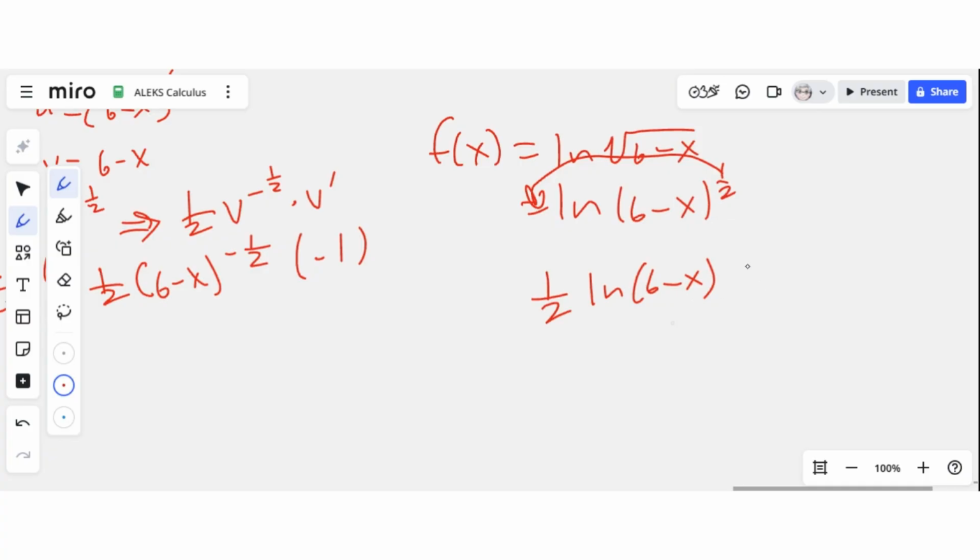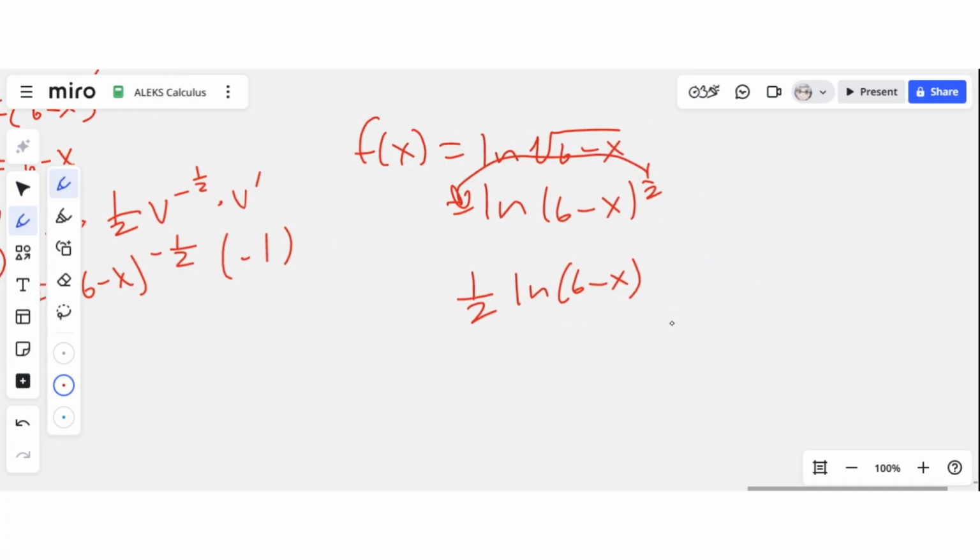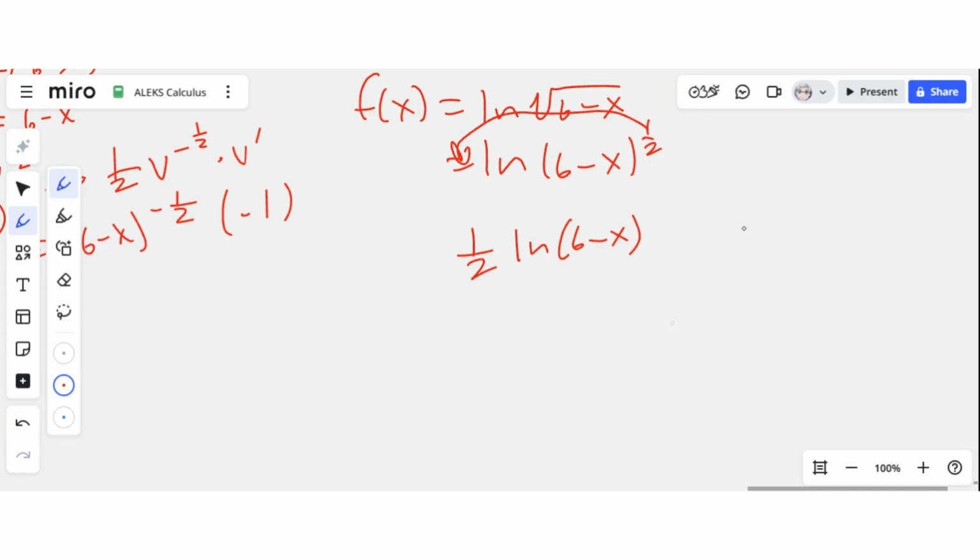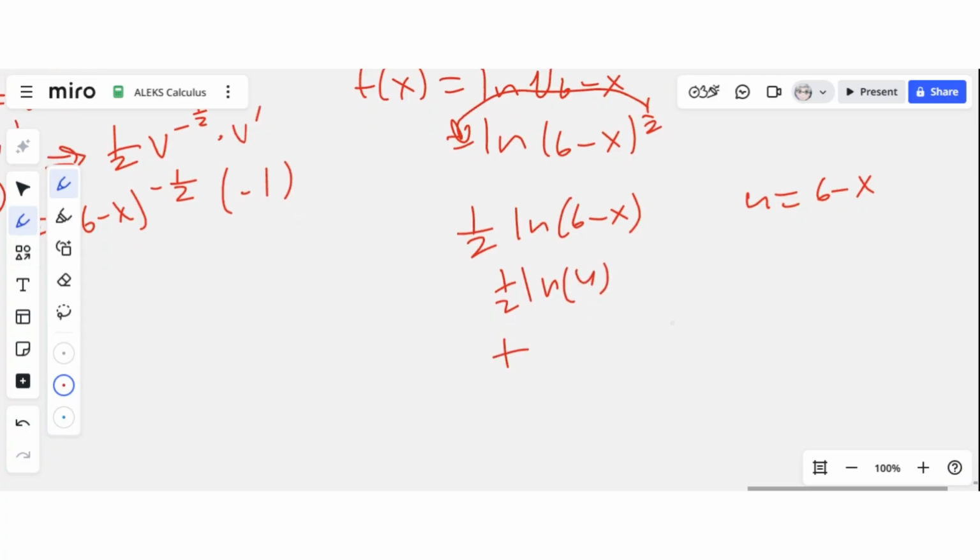Now, we don't have to use the chain rule twice because we use that property of logs. And hopefully this comes out to be the same thing, but let's try it. Let's make u equal to 6 minus x. And so we're going to take the derivative of 1/2 times the natural log of u, which equals 1/2 times 1 over u times u prime.